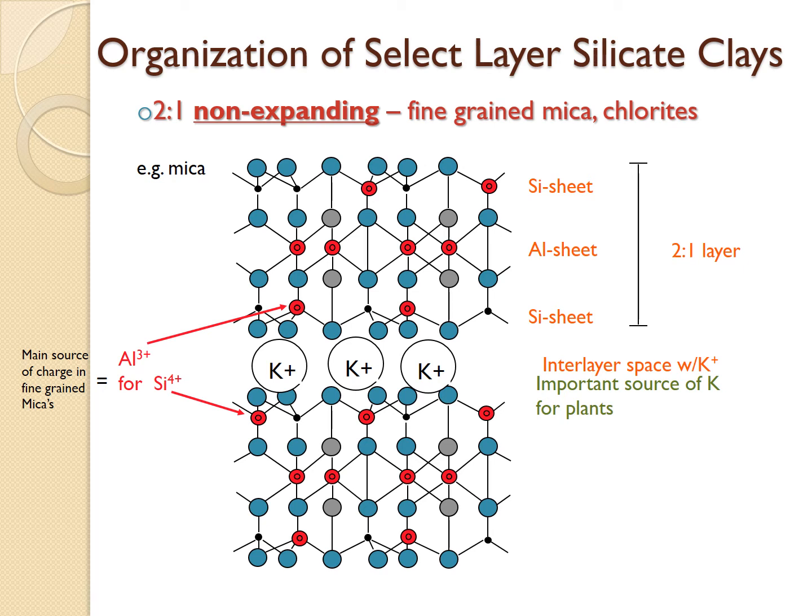And then in the interlayer space, before you start the next 2-to-1 layer, there's potassium holding the layers together. So this is why it is non-expanding, because that potassium keeps those layers together so it cannot open up like a mouth, okay? So the only thing in their interlayer space is potassium. So they don't expand. Some examples of this are fine-grained micas and chlorite.